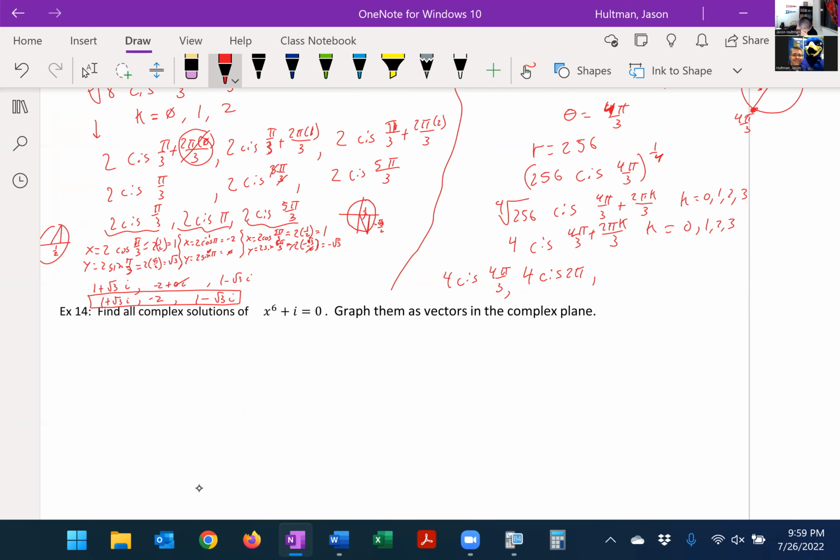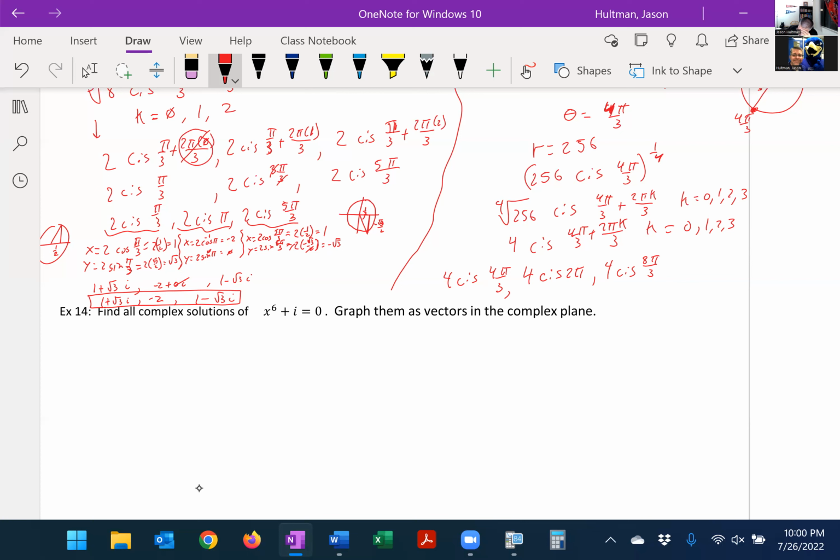Then we're going to go for k equals 2. What happens is I add 4 plus 4, which is 8. So that's going to be 8 pi over 3. And these values are above 2 pi, they shouldn't be... 8 pi over 3. Yeah, I guess they are. That's fine.